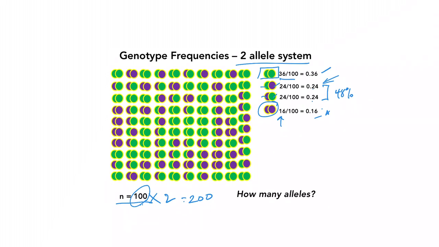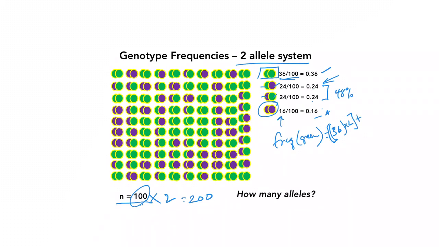Now, we can take these numbers and actually estimate the total number of alleles in the population also. And let's look at just the frequency of green in this population. We notice that here we've got 2 alleles. Well, we've got a total number of 36 individuals. We multiply it by 2, and that gives us the total number of green alleles in those individuals that are homozygous for the green allele.